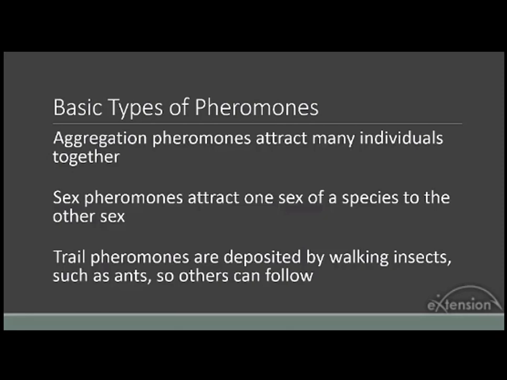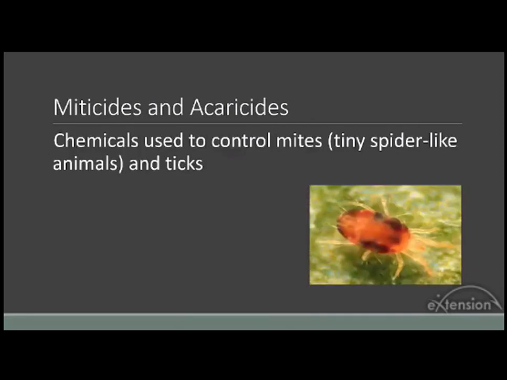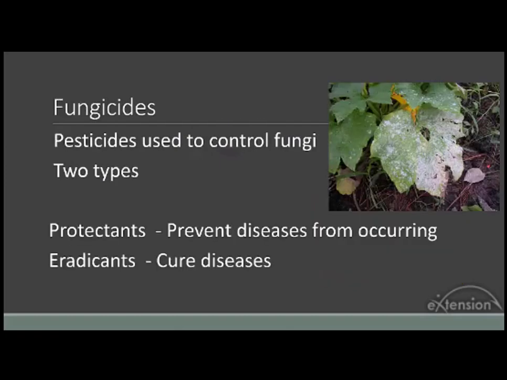Now we're going to discuss specific types of pesticides. The first are miticides and acaricides. These are chemicals used to control mites and ticks, and they usually must come in contact with the mites or ticks to be effective. These are very similar in action to insecticides and can often be used on insects and mites. Next is fungicides.